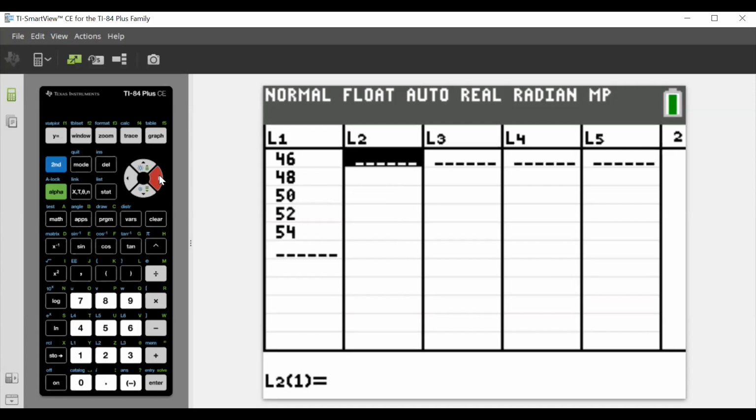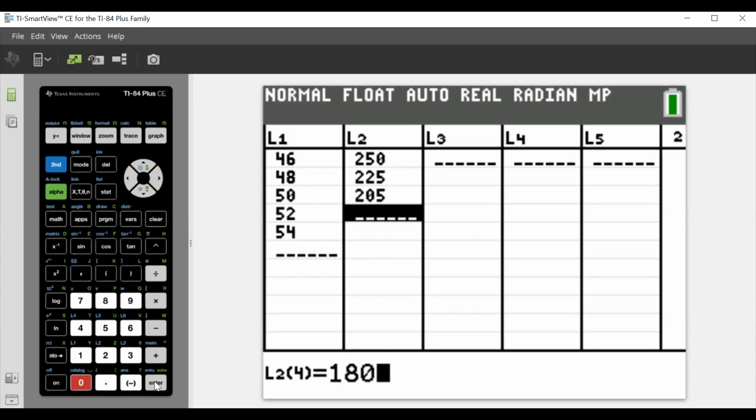So by 2s. And this was 250. We had 225, 205, 180, and 165. All right, so now we've got our 2 columns of data in.